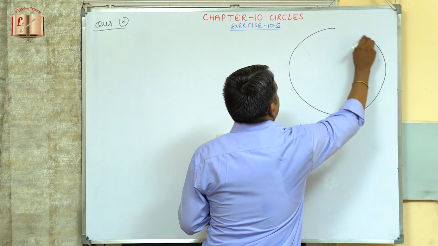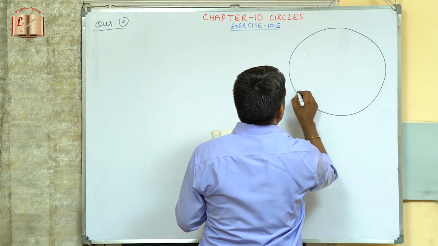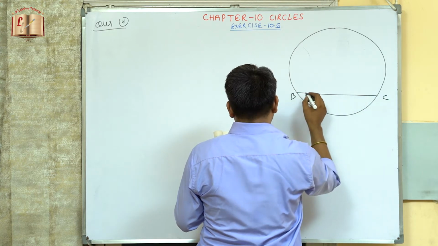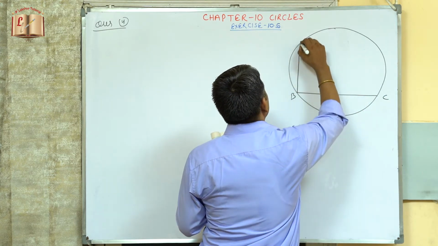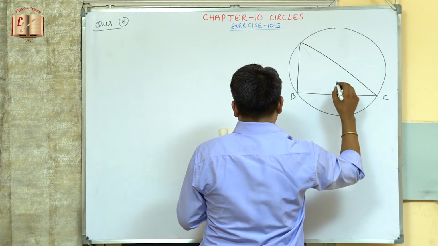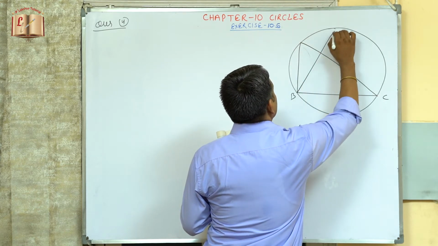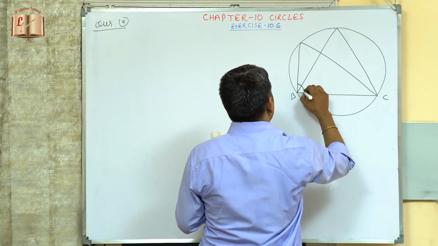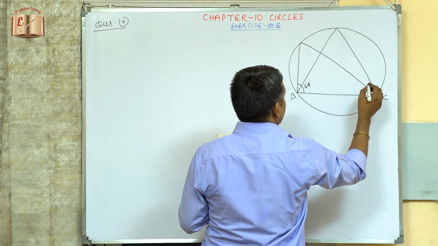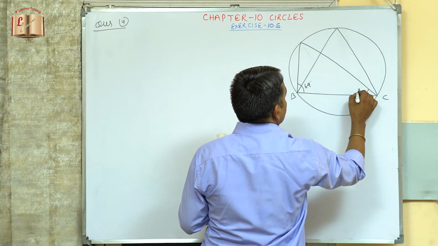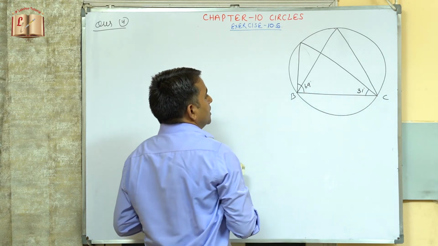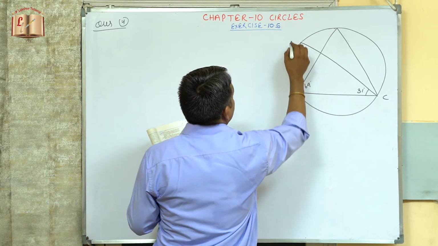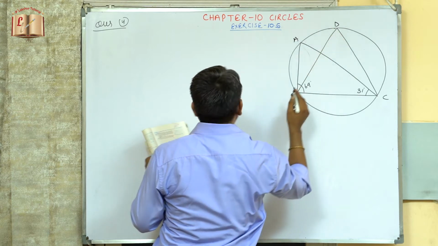This is C, this is B. Now this complete angle is 69 degrees, given to us, and this is 31 degrees. So we can find out this angle. This is A and this is D.